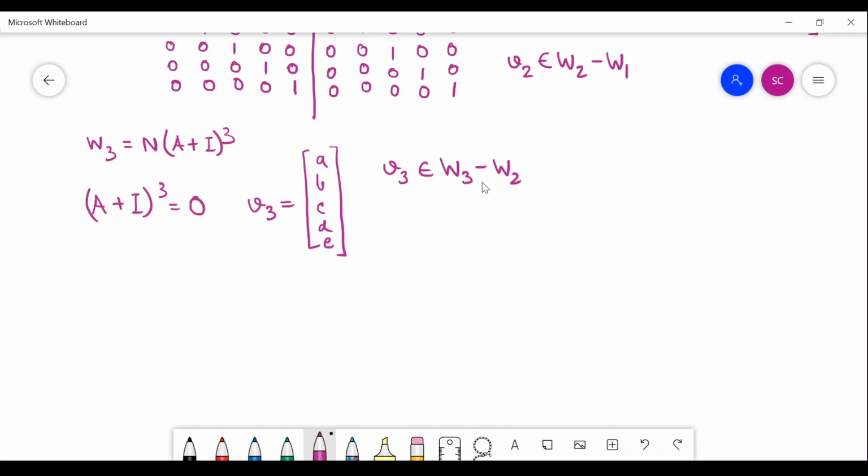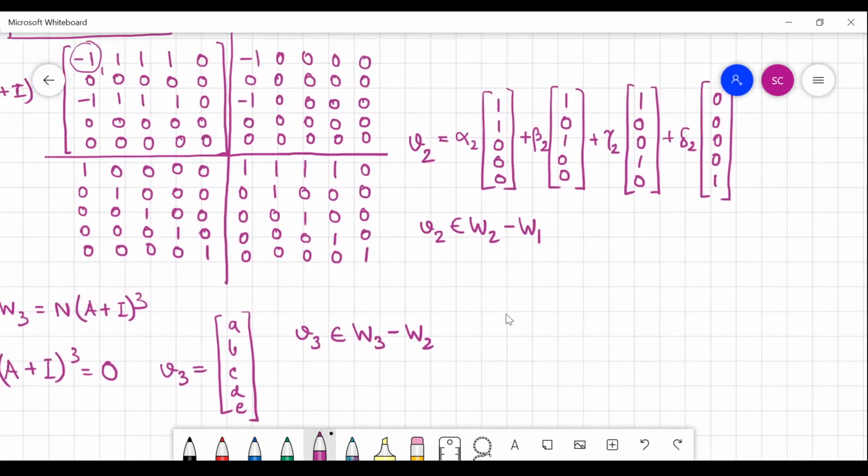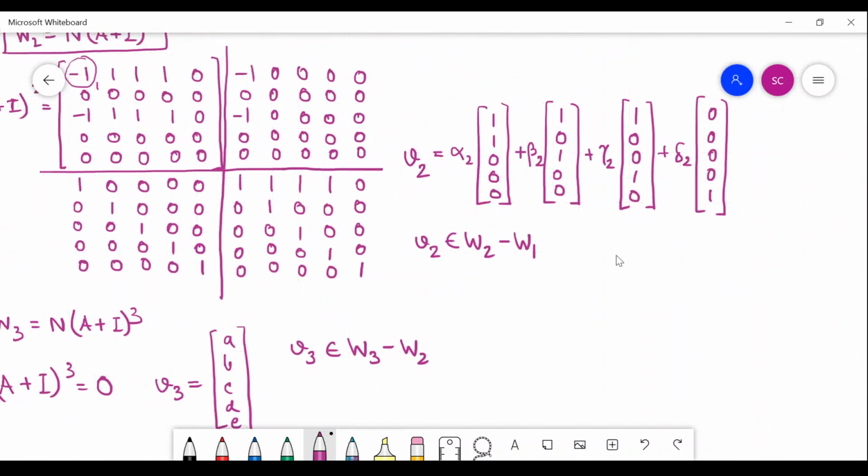So you look at W2. What are the basis vectors of W2? These are the basis vectors of W2. So obviously you cannot choose any of these basis vectors, that is straight away rejected. When we start choosing the Vk vector, we start by looking at the first element as 1, other elements as 0, and first test whether it is possible or not.